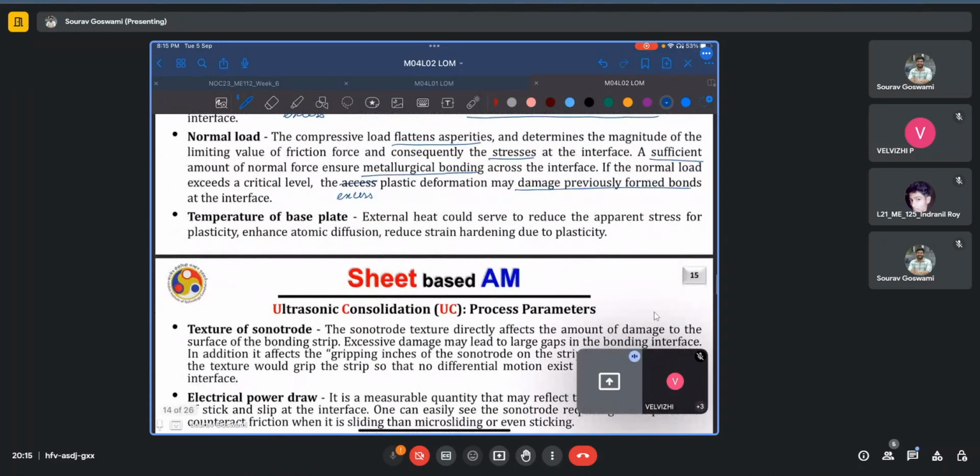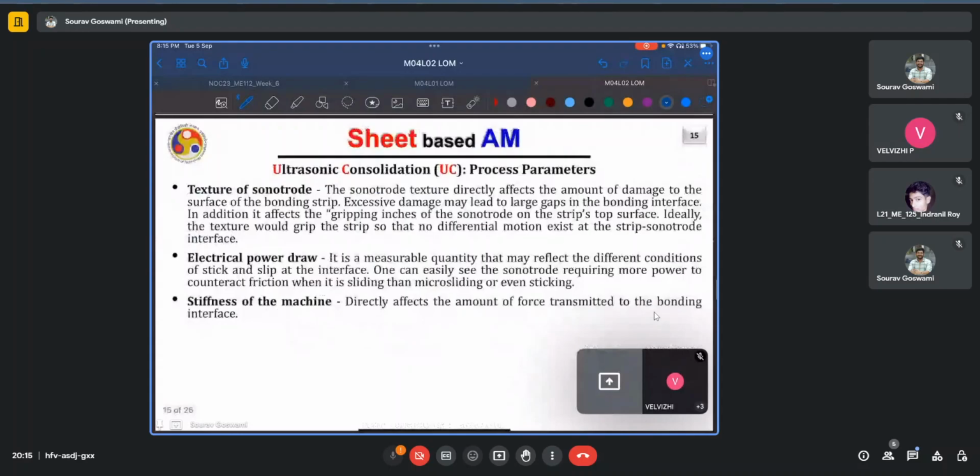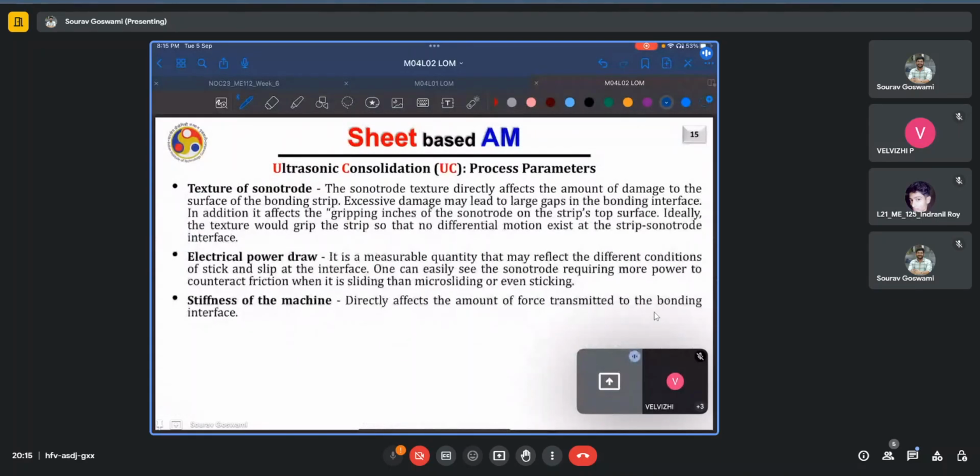The base plate temperature is another such parameter, and suitable external heat can reduce the apparent stress required for reaching the plastic zone. It may also help enhance atomic diffusion by providing additional energy and can reduce the strain hardening behavior. The sonotrode texture is a vital parameter because if the texture is too deep, it will also reflect on the top plate and may lead to voids which cannot be filled. Thus, the texture cannot be very deep.